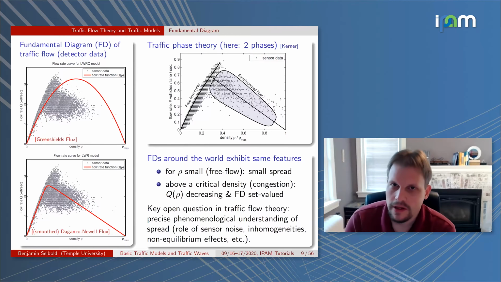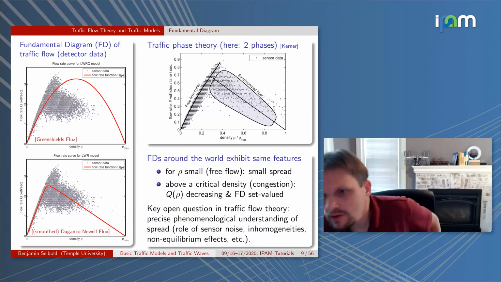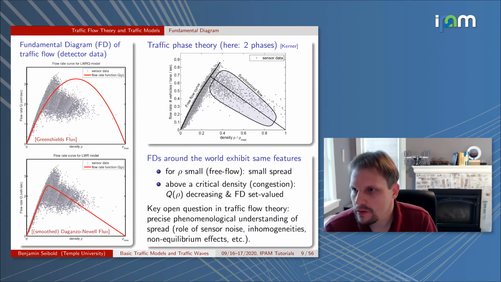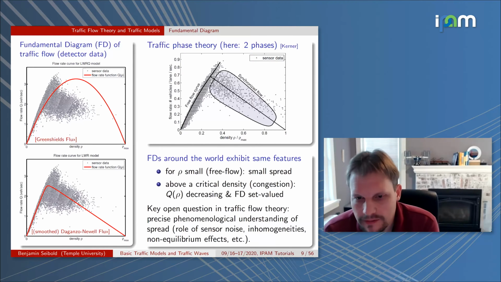And then also there's the traffic phase theory by Boris Kerner and collaborators, where, for example, you distinguish a free flow curve here from something that's called synchronized flow. And then one can also squeeze in extra regimes that might be called wide moving jams or other ideas. So empirical descriptions of what is being observed, but then also, of course, mathematicians look a lot at models and see which types of models reproduce some of these empirical descriptions.